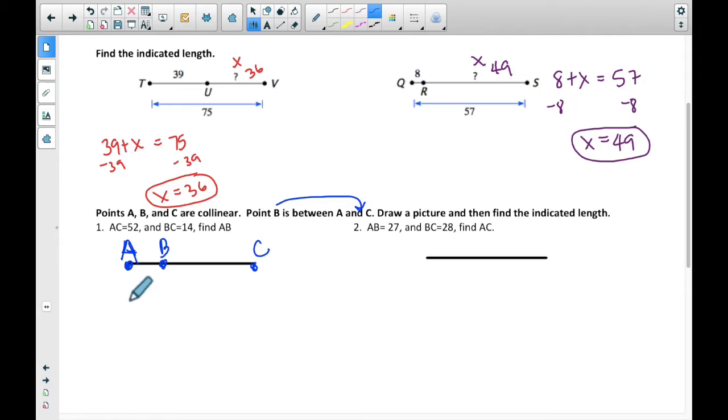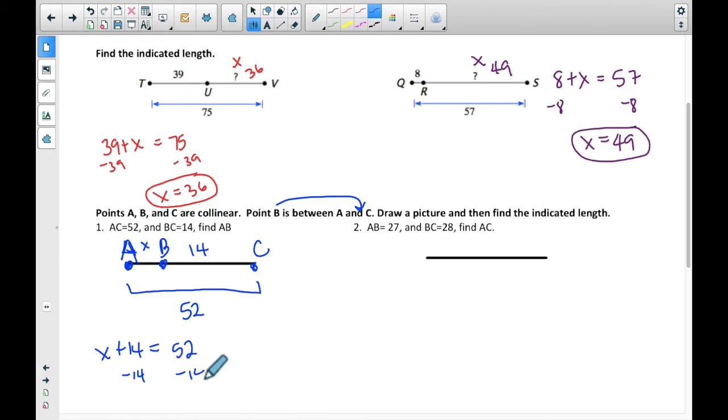Okay, it says that AC is 52 and BC is 14, and we're trying to find AB. So it looks to me like our equation is going to be x plus 14 is equal to 52.